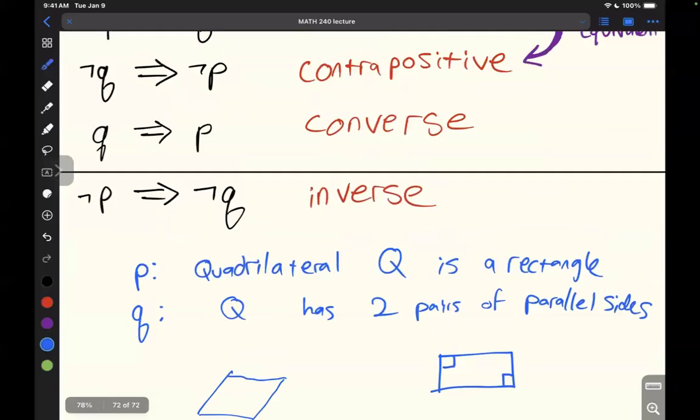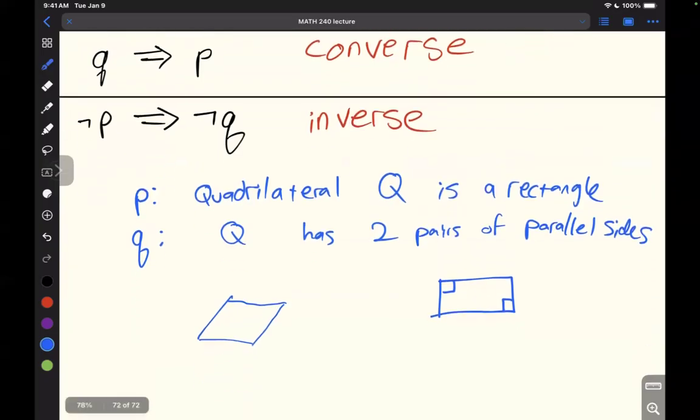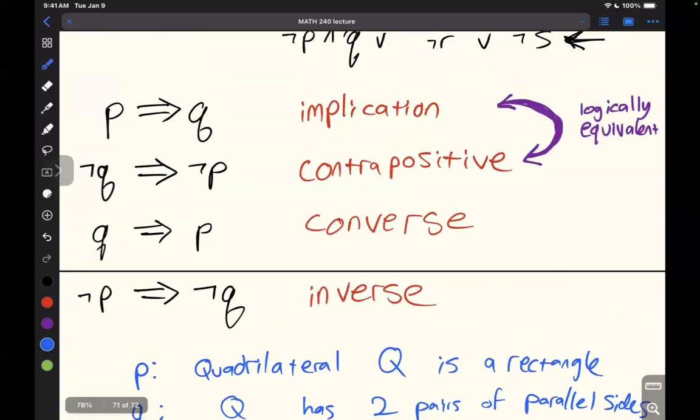The inverse is if a quadrilateral is not a rectangle, then it does not have two pairs of parallel sides. So if it is not a rectangle, it could be, I don't know, a trapezoid, then it does not have two pairs of parallel sides, which is true. So it doesn't mean that the implications can't be true. It just means that they're not logically equivalent. And so when we go into proofs, if we're trying to prove the implication, sometimes it's easier to look at the contrapositive and prove that instead.